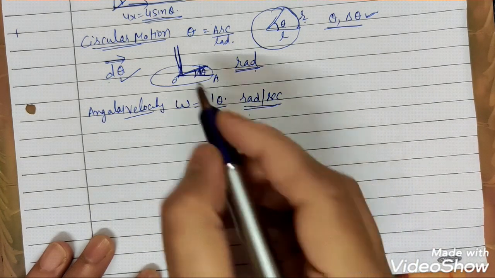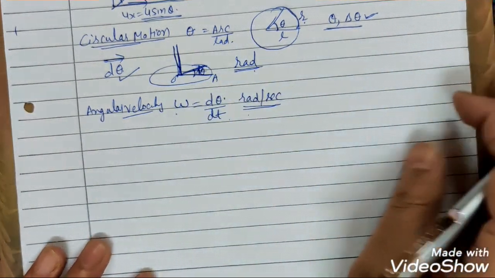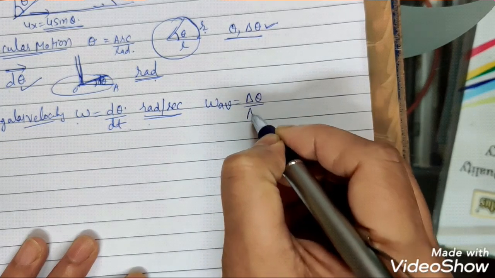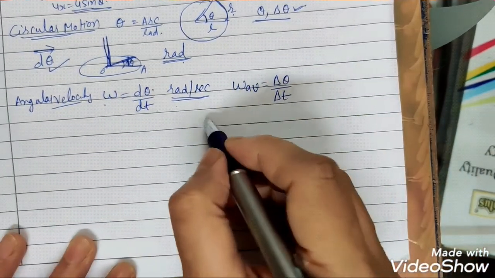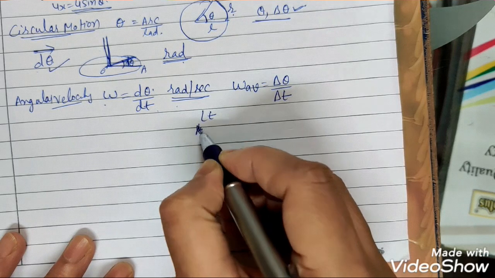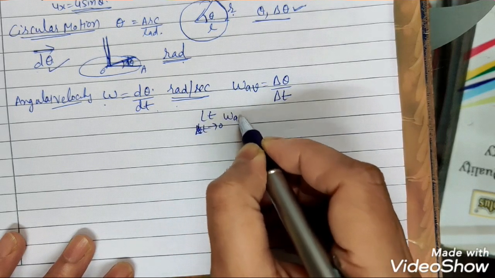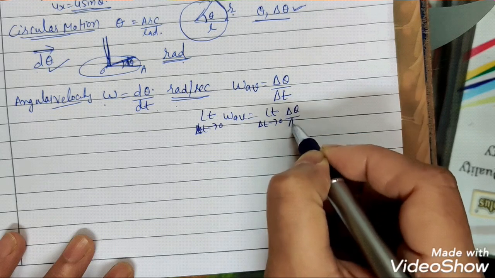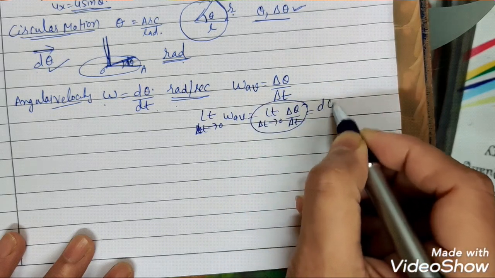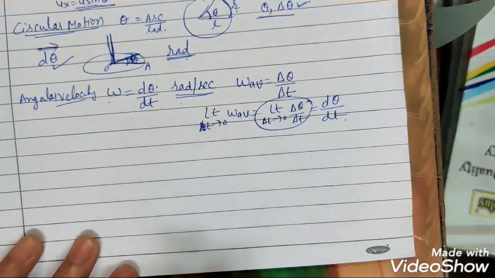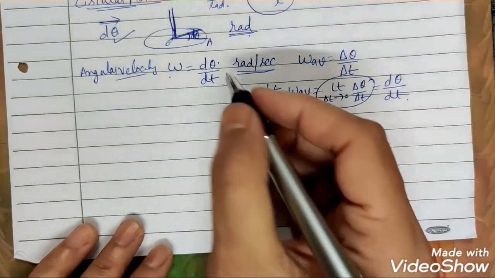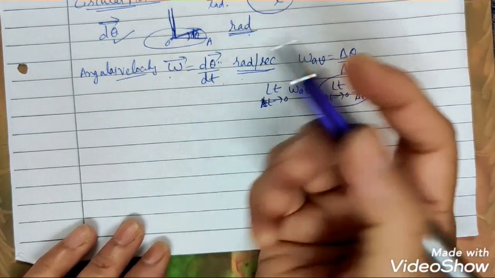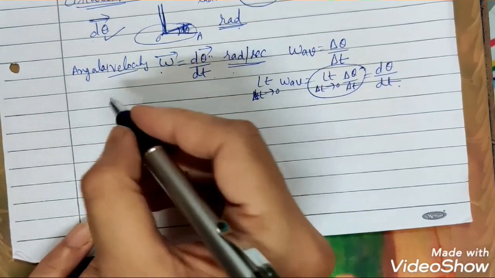And angular velocity is a vector quantity because the average velocity is written as delta theta upon delta t. But when we take the limiting value, delta t approaches 0, this becomes d theta upon dt, and this is called instantaneous angular velocity, and its direction is along the direction of the d theta vector.